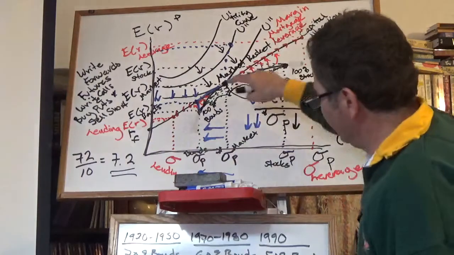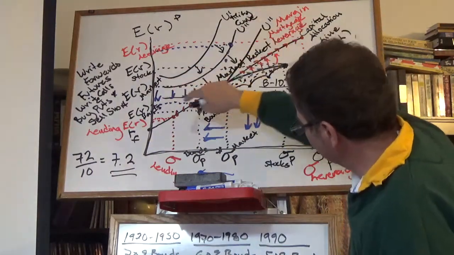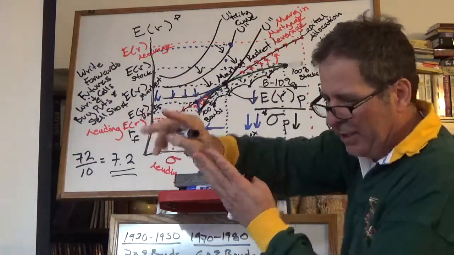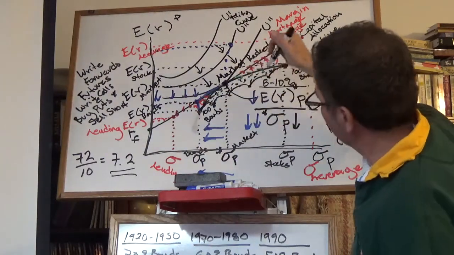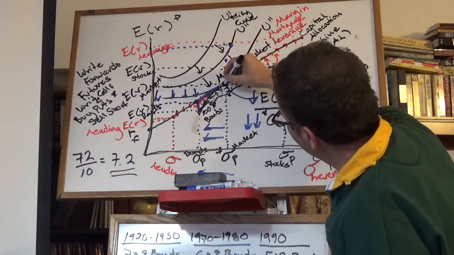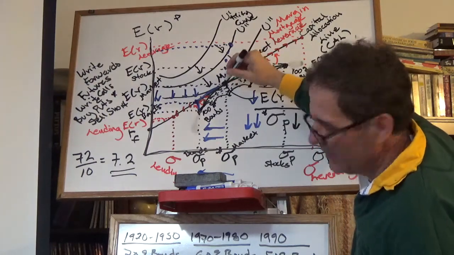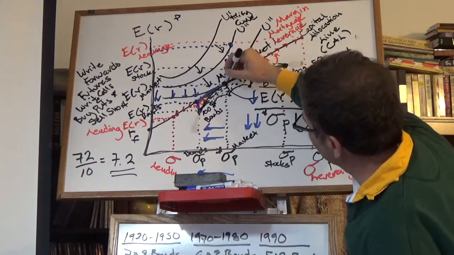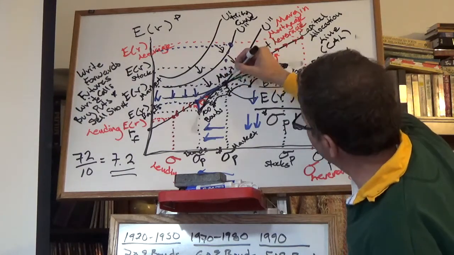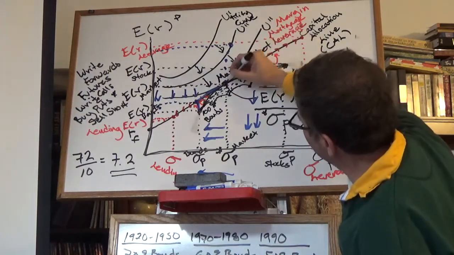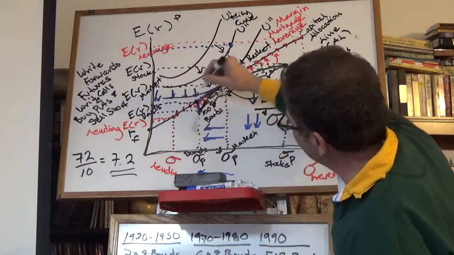So what they need to do, and I'll write in two more utility curves, but make sure that this third utility curve is tangent to the efficient frontier and the capital allocation line. So it comes out like this and comes out like this.